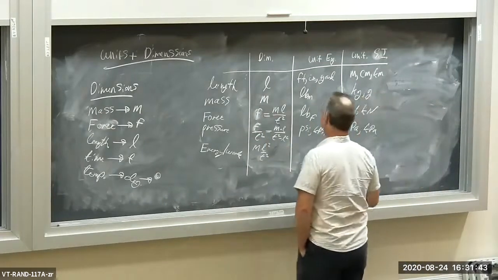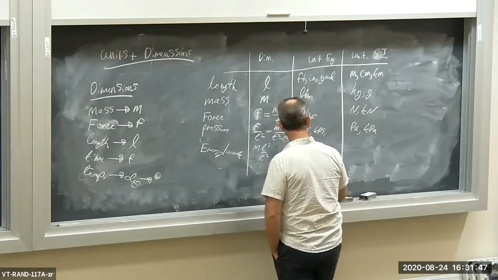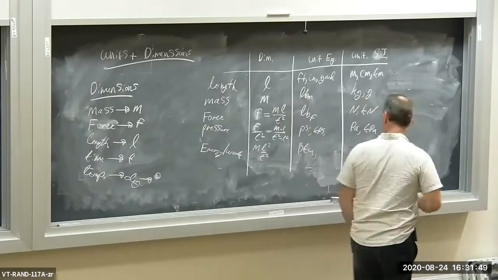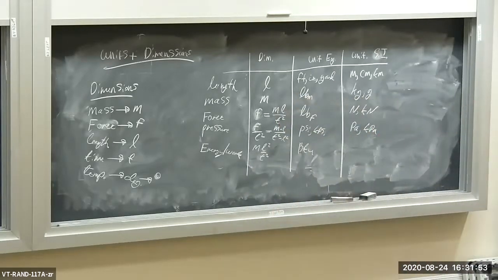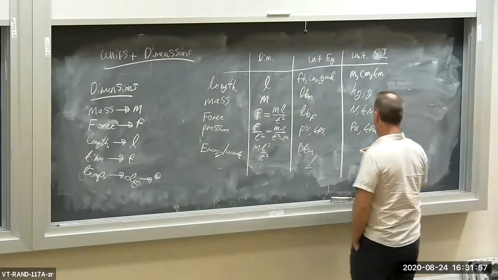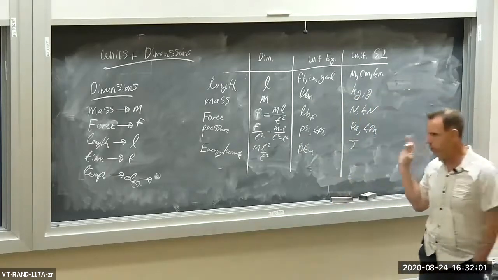The unit for that in English is often the BTU, British thermal unit. That's the big one. And of course, the one in SI is joules, J, or kilojoules.